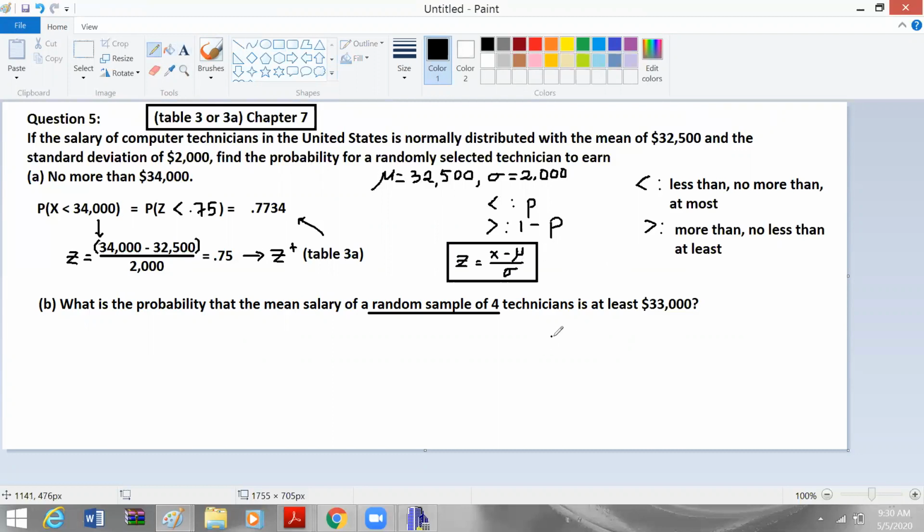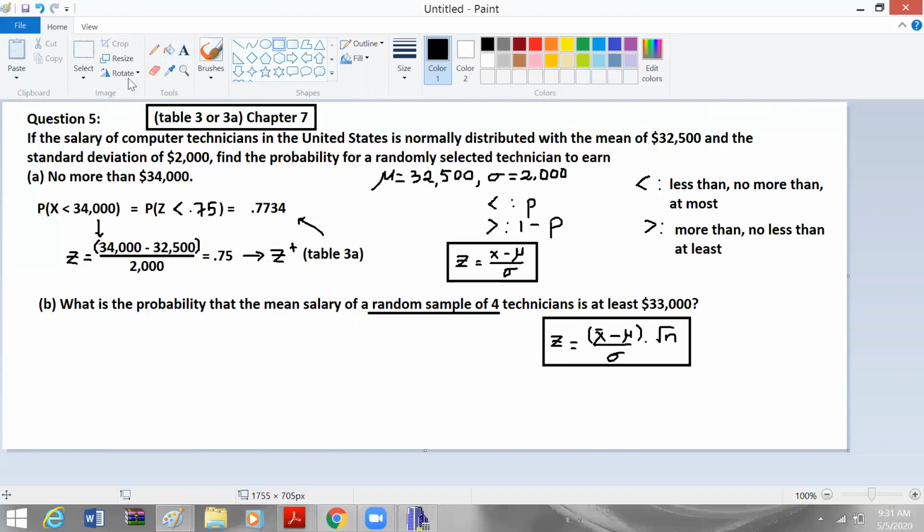So for part B, Z equals X bar minus the mean, and then we divide it by the standard deviation, and we multiply by the radical N. Okay, so this is the transformation that we need to do for part B that we need to be responsible for.